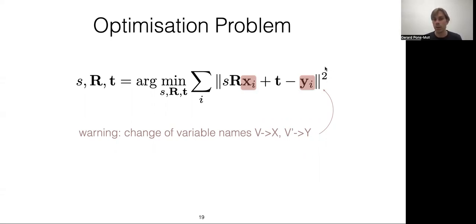So it's a quadratic problem. But we have here the rotation that needs to belong to SO(3), and it's not clear how to solve this. We could use gradient descent, but there's something better we can do. Actually, there's a closed form solution, which is given by the Procrustes algorithm.